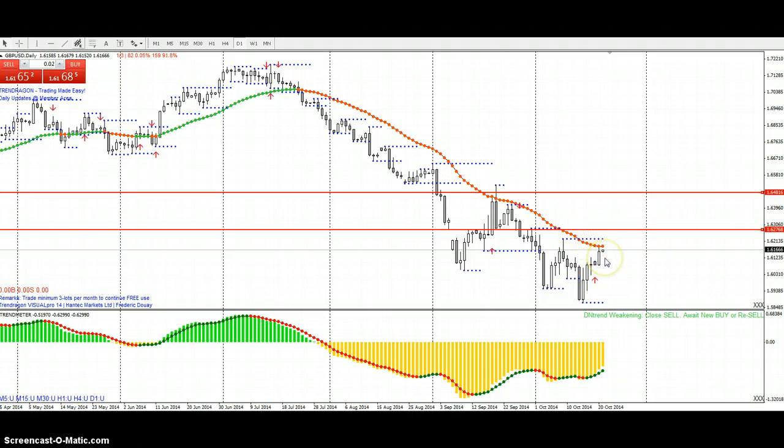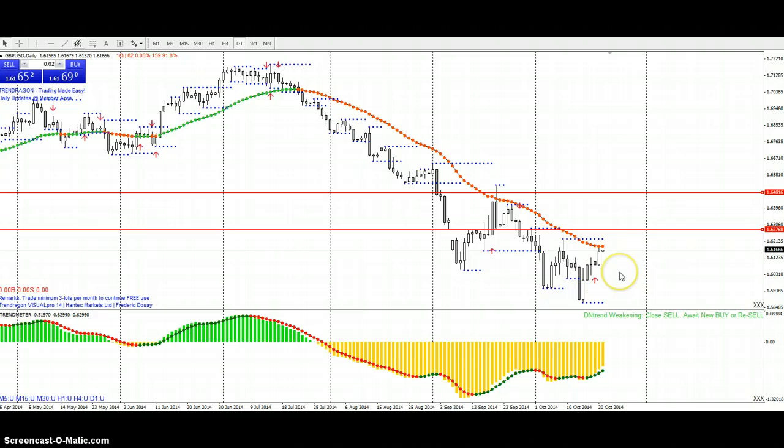So considering that it's still pretty much in a trending market pattern, we can expect that when it reaches that level, it will actually retrace or go back down. Hopefully if that level here holds, then probably the market will go down.